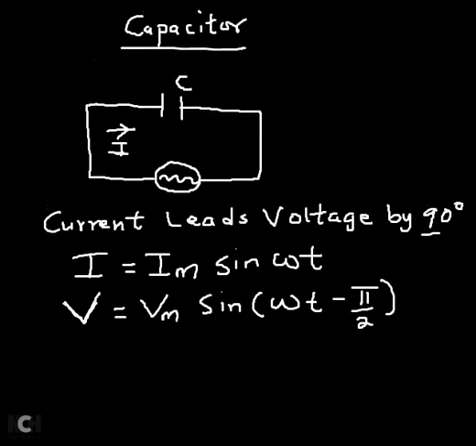Because of that, we can simply say that anytime a capacitor is connected across an alternating current, the capacitor does not provide resistance as a resistor does, but rather it provides what is known as reactance to the flow of alternating current.